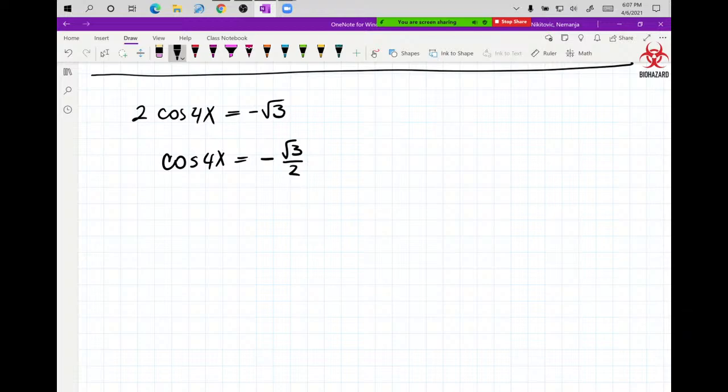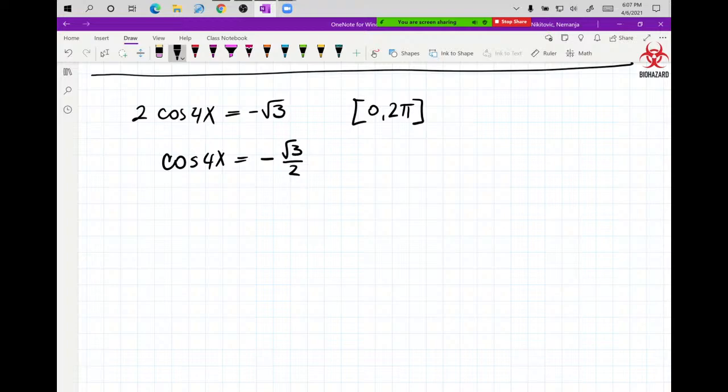So now I have cosine 4x, and they did give us 0 to 2 pi in this case. All right, so that's given as well. Now, how do I graph cosine 4x?